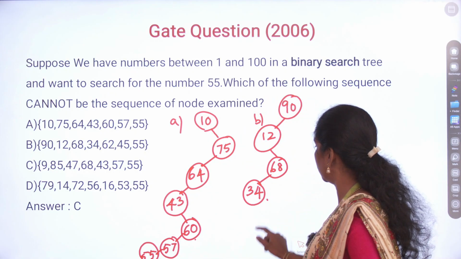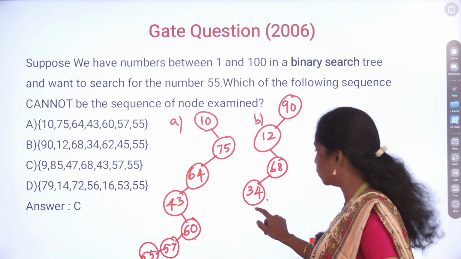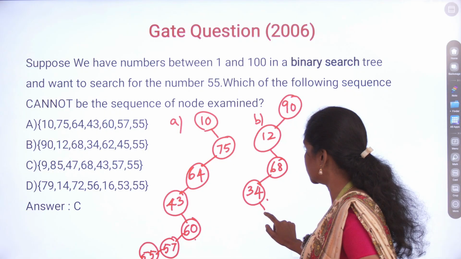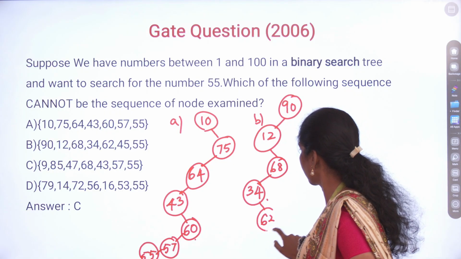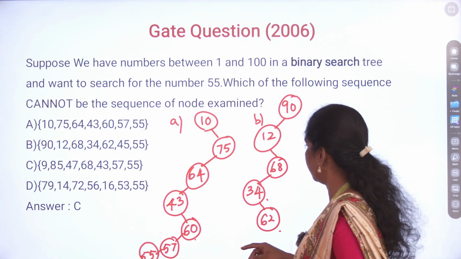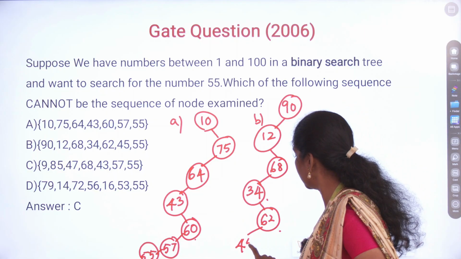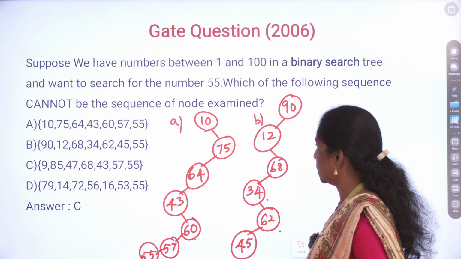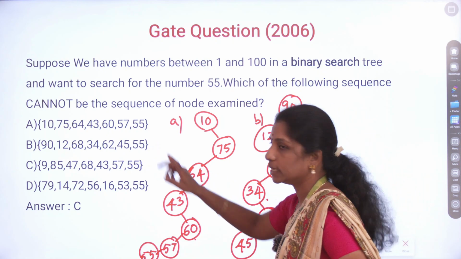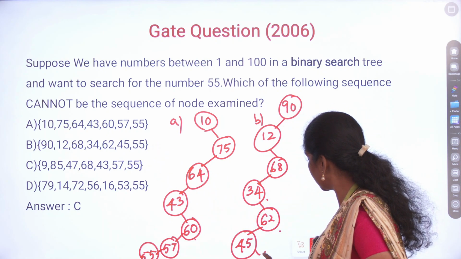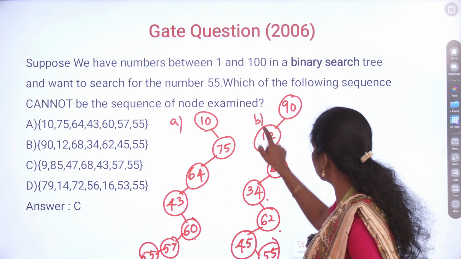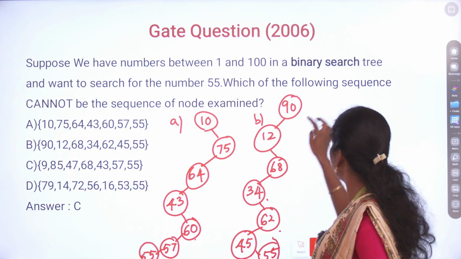Then 62 is greater than 34, so it comes on the right hand side. 45 is lesser than 62, so it comes on the left hand side. Again 55 is greater than 45, it comes on the right hand side. So this also follows a sequence.